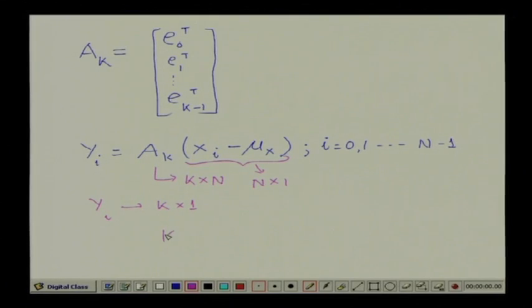That means, the transformed image will consist of n number of column vectors, where every column is of dimension k. So, the transformed image now will be of dimension k by n, having k rows and n columns. You remember that our original image was of dimension capital N by capital N.